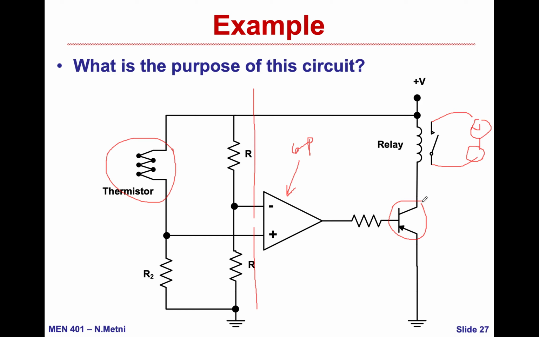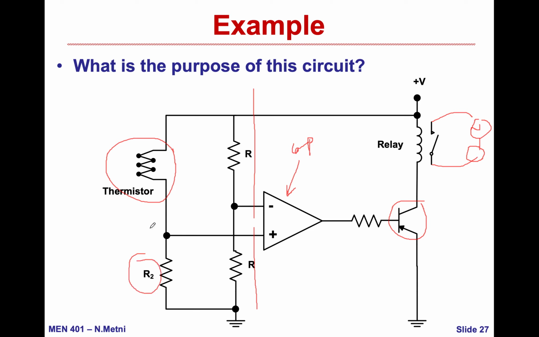The condition of the transistor being off or on depends basically on the V out, which is here. So for example, I have to choose R2, by the way.